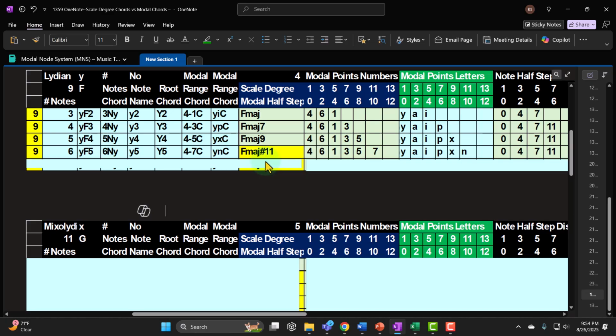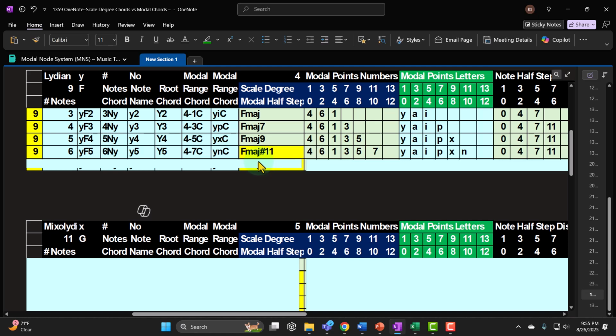Why? Because this is where the Lydian is different than the major chord construction, in that the 11 is equivalent to the 4, and the 4 has that very strange 6-note away augmented 4th, which can now be called an augmented 11th from a chord construction.